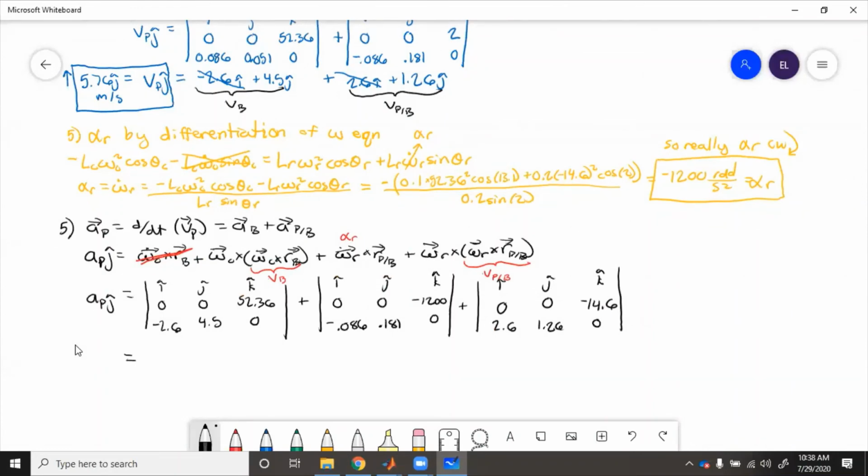So if we do out these cross products, AP equals negative 235.6 I minus 136.1 J for that one, and then plus 217.2 I plus 103.2 J plus 18.4i minus 38j, which all comes out to be 0i, they cancel, so our reality check is correct, minus 70.9j.